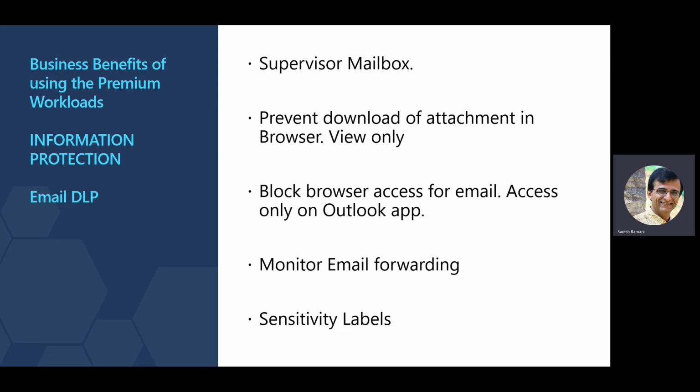Next is monitor email forwarding. One way that data is lost is when a user puts a forwarding rule in the mailbox by which his mails get forwarded to his personal account or some other account. When this setting is put, even the admin cannot see which user is forwarding his emails.